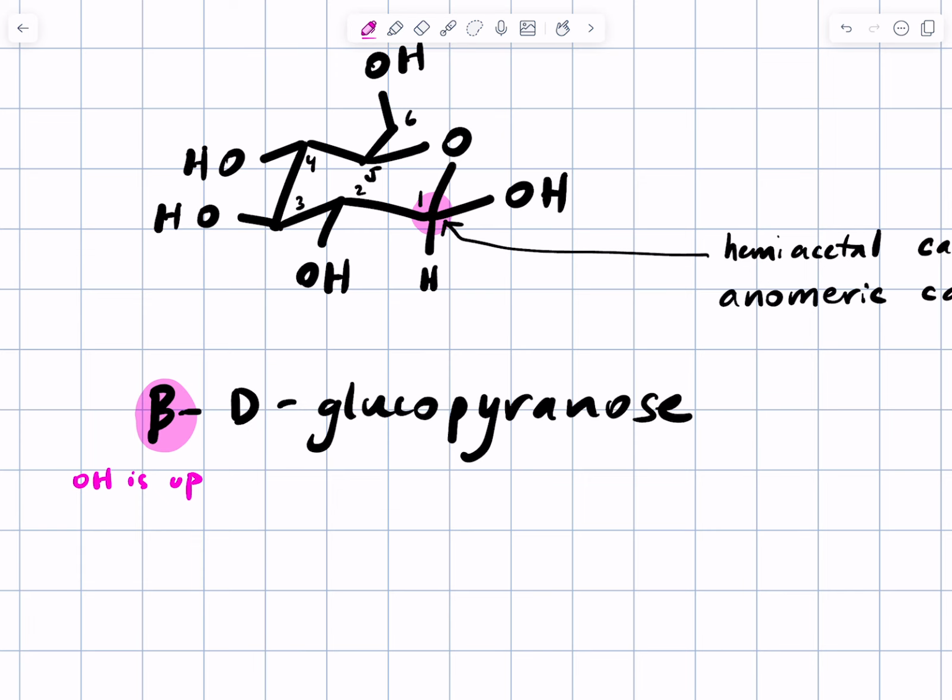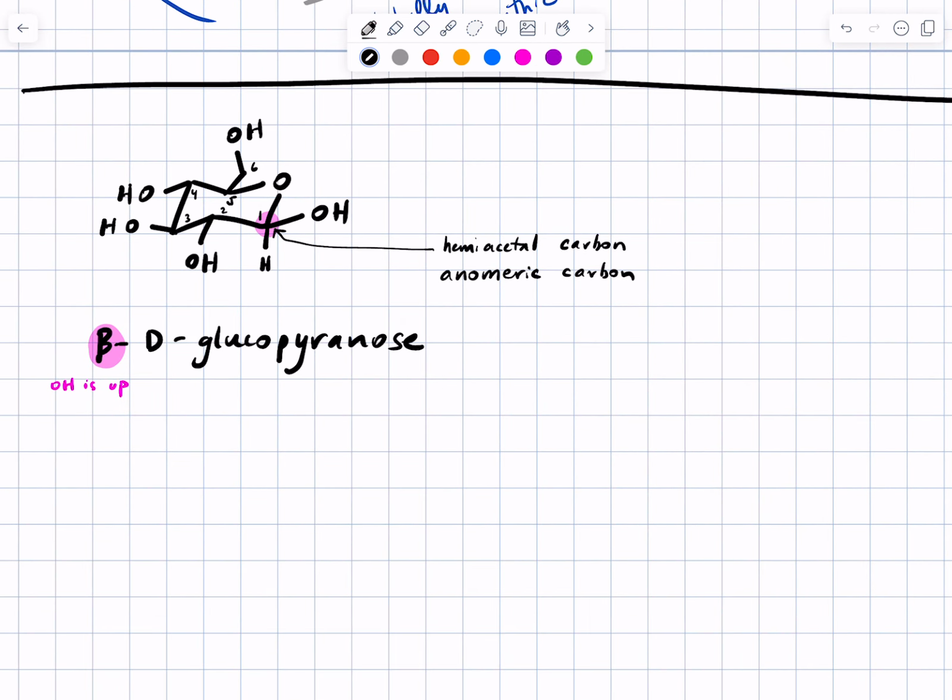If the OH were down, we would call it alpha. So this is alpha-D-glucopyranose. I hedged a little bit because, of course, you could flip the ring over and then the OH would be down, so up and down is not absolute.